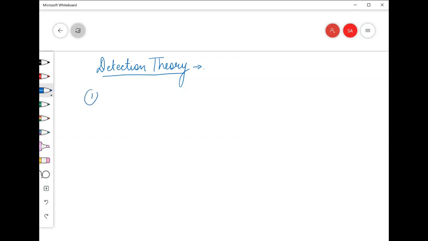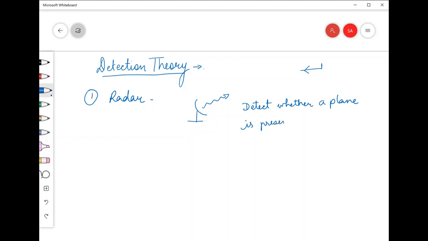You have a radar here, and what it does is send out a signal. There may be an airplane somewhere. What the radar has to do is detect whether a plane is present or not.